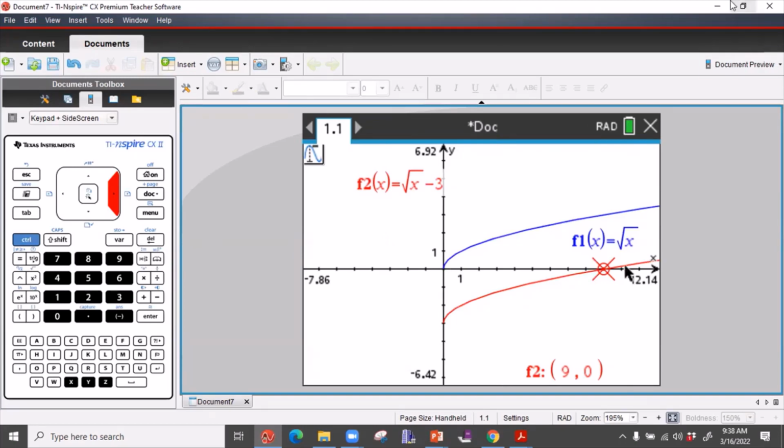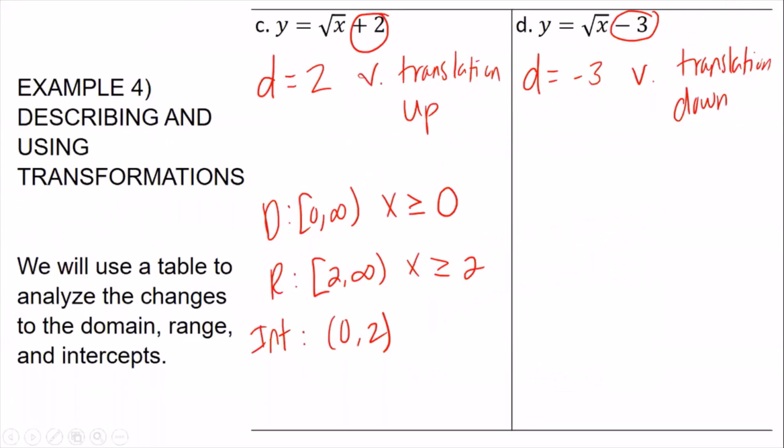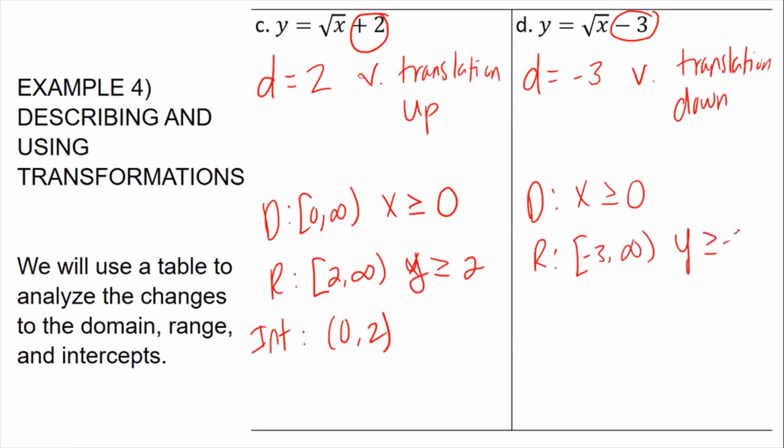Great. Is it doable? All right, so from here, our domain is unchanged. So it's still x is greater than or equal to 0. The range started now at -3 and went to infinity. That is a horrible y, by the way. And our y is greater than or equal to -3.